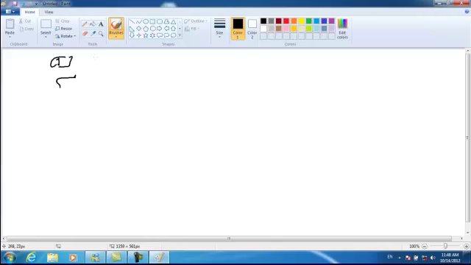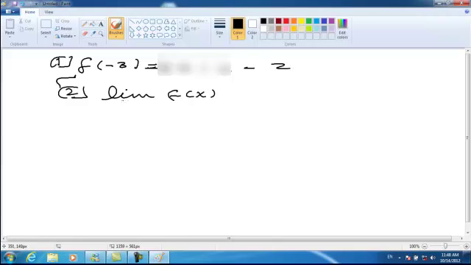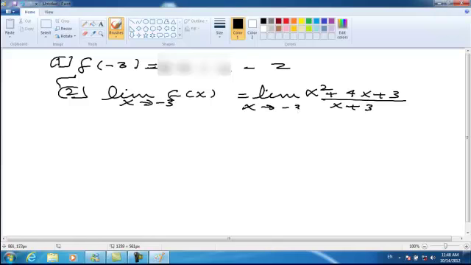Number 1, f of minus 3 equals minus 2. Condition 2, limit f of x as x tends to minus 3 equals limit of x squared plus 4x plus 3 divided by x plus 3 as x tends to minus 3.